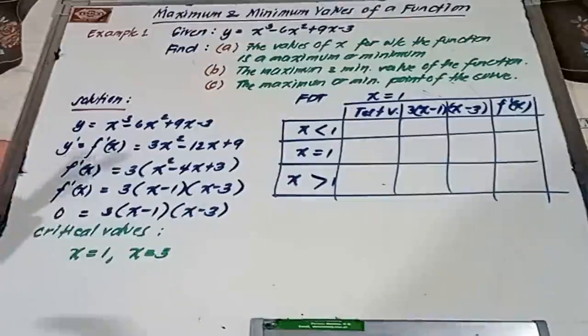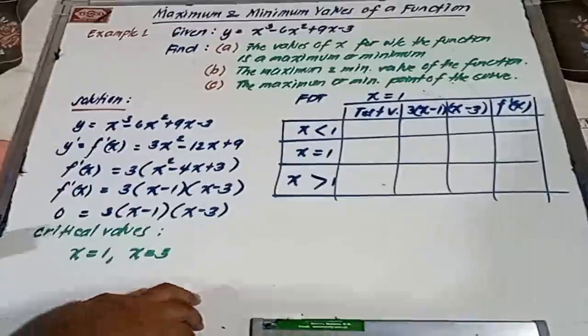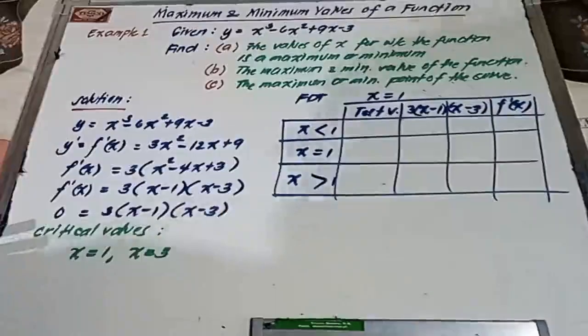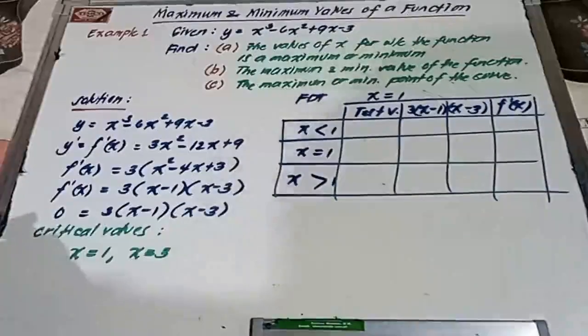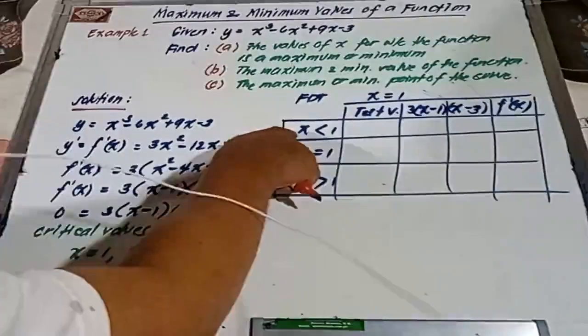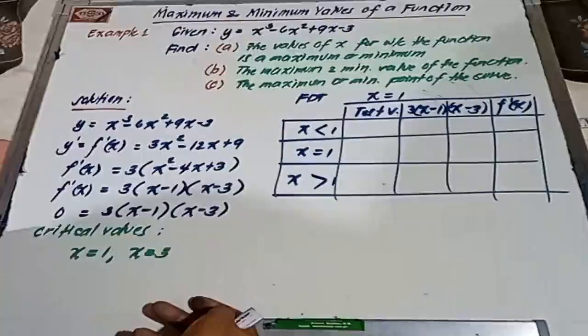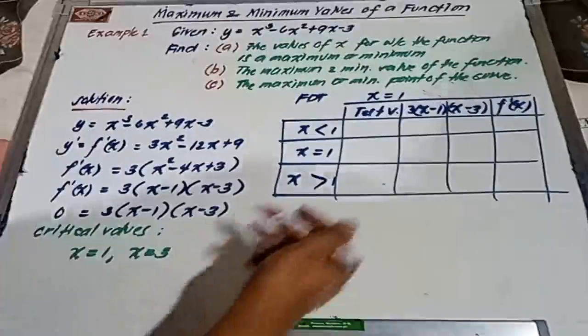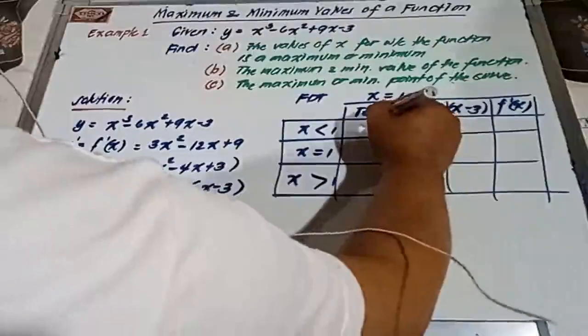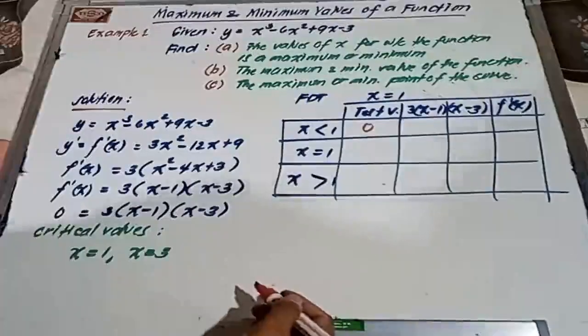Okay, gamit yung first derivative test, alamin natin kung si f of x is max or minimum kay x equals 1. Okay? So, if x is less than 1, kuha tayo ng test value less than 1. So, let's say x equals 0. Okay? Alamin natin yung sign ng first derivative.